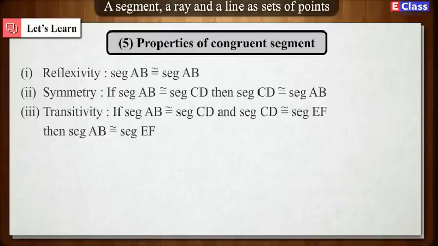Transitivity. If segment AB is congruent to segment CD and segment CD is congruent to segment EF, then segment AB is also congruent to segment EF.